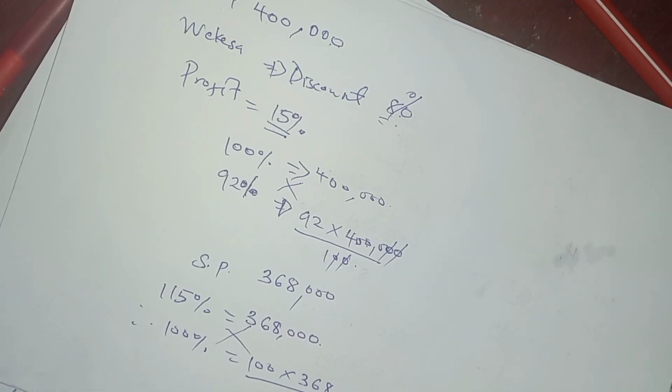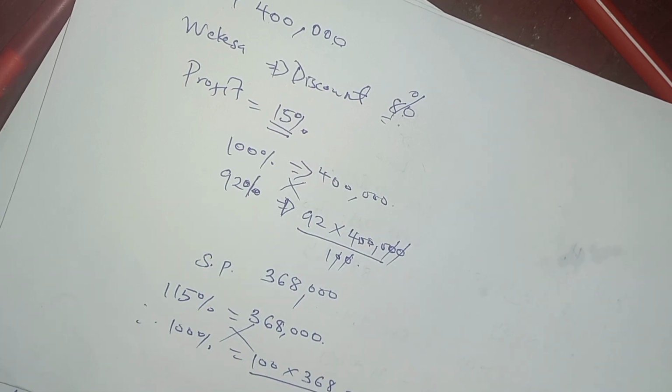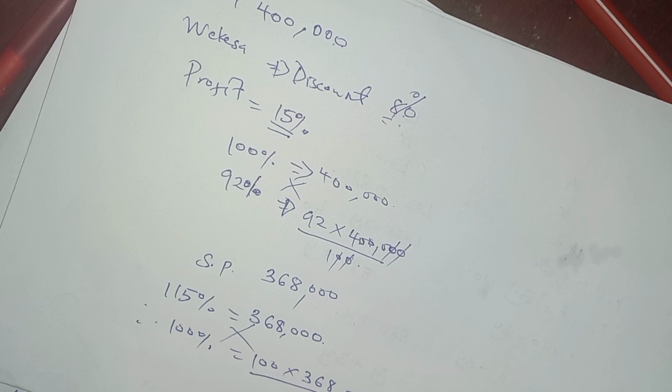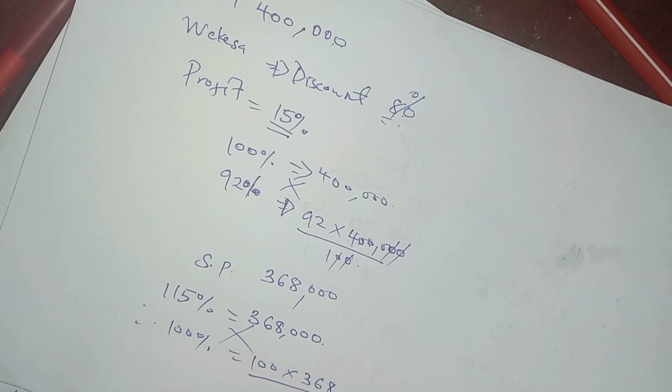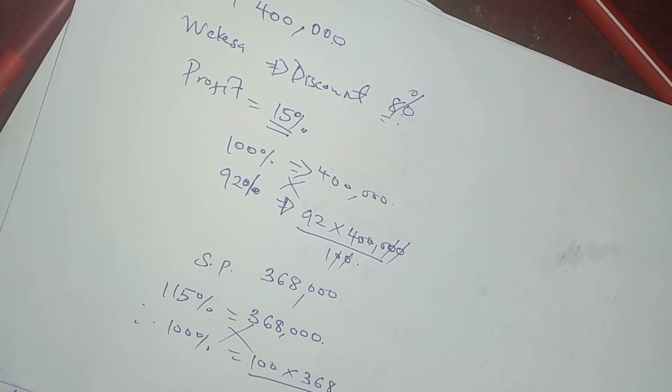When you divide, if I'm not wrong, we will get 320,000. So this is the amount that the dealer used to buy the car before selling it at a discount.